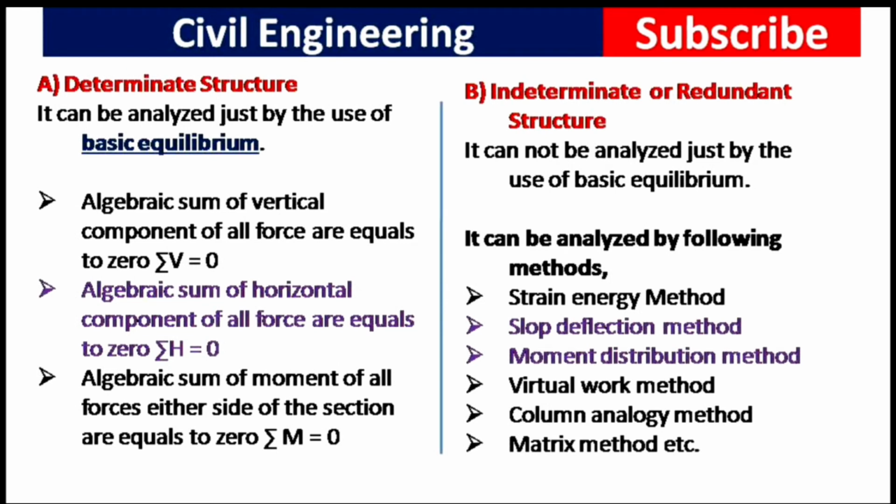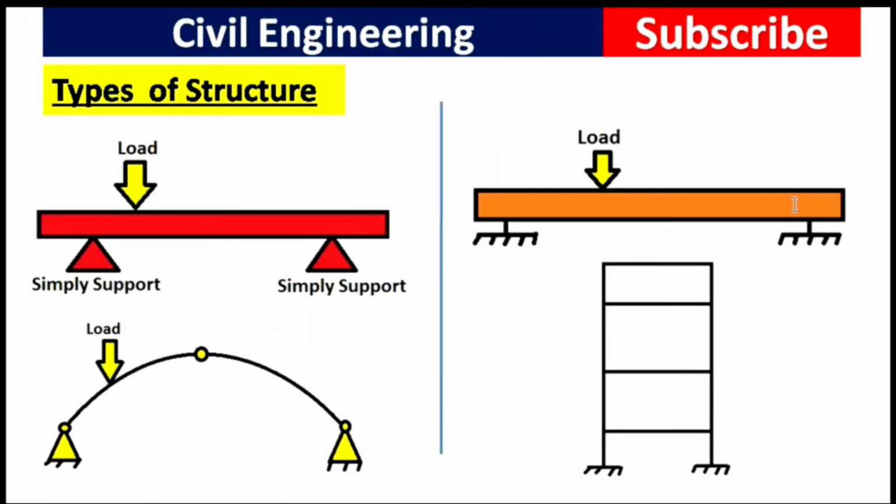Okay, and the third equation is the algebraic sum of moments of all forces on either side of the section equals 0. Okay, and guys, this is a very important equation. You can see if there is a beam, then the sum of moments acting about any point in the beam, for example, if I take moment about a point here, then the moment about this side and the moment of this side must be what? 0, at any point at a support.